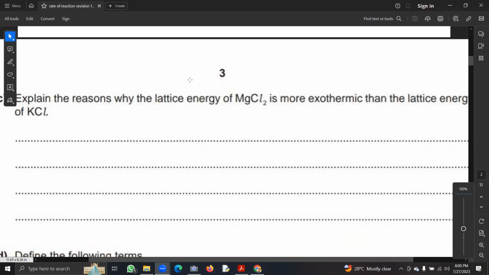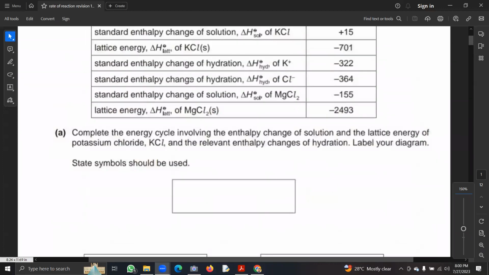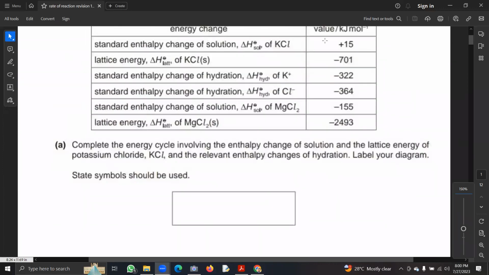What do we say? The magnesium chloride ionic bond is stronger than the potassium chloride ionic bond. Now can you say magnesium chloride is more exothermic than KCl? In other words, magnesium chloride's lattice energy is minus 2493, whereas the lattice energy of KCl is minus 700. They are referring to this.